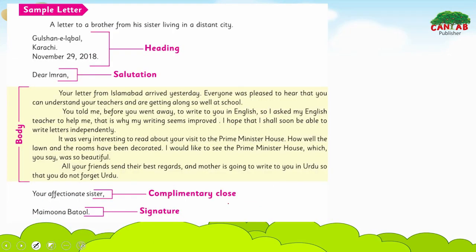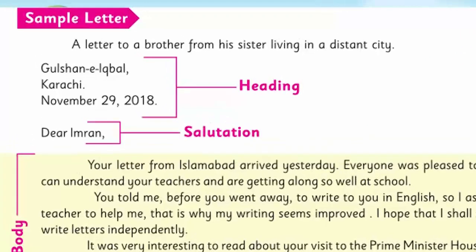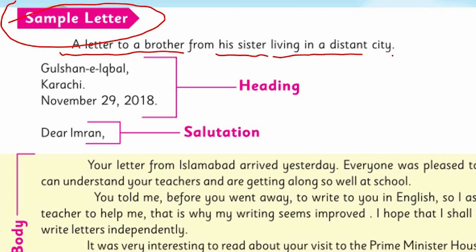Now going towards our sample letter. On the next page it has been written. So the sample letter is here. It is a letter to a brother from his sister living in a distant city. So what is the first portion? The heading. Now you are seeing clearly that in the heading the address is mentioned, for example, Gulshan-e-Iqbal, Karachi.